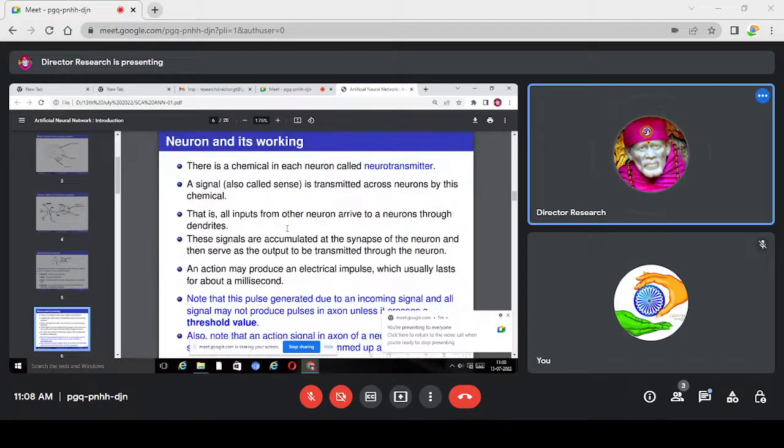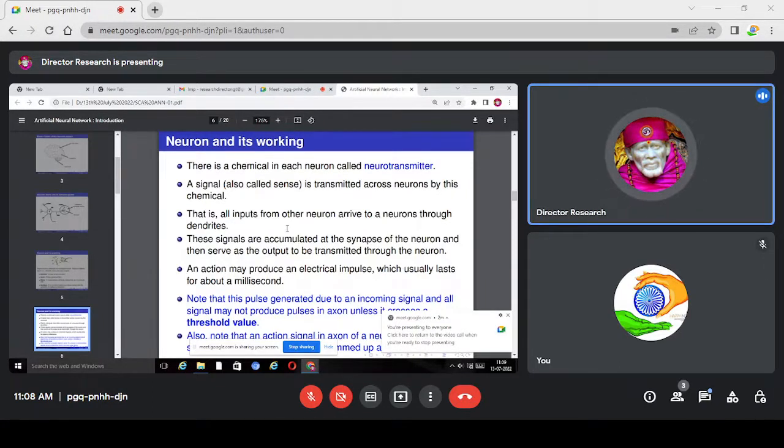There is a chemical in each neuron called neurotransmitter. A signal, also called a sense, is transmitted across neurons by this chemical. The next point, all inputs from other neurons arrive at the neuron through the dendrites.